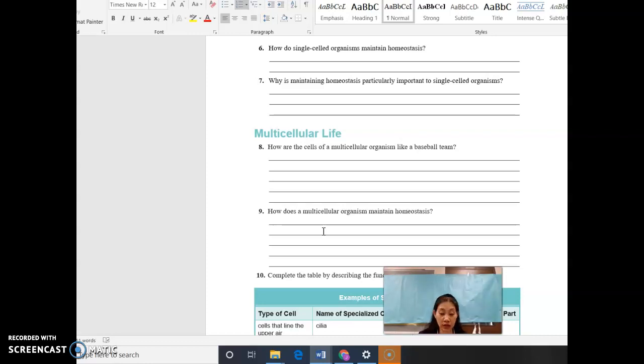This requires the cells to communicate with one another. Remember, multicellular means there are many cells and they have to communicate with one another. Each cell in this multicellular organism contributes to the overall homeostasis of the organism. So take note of that. Everybody must work as a team.